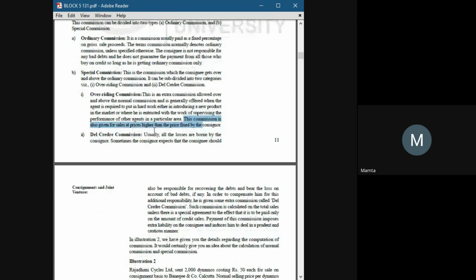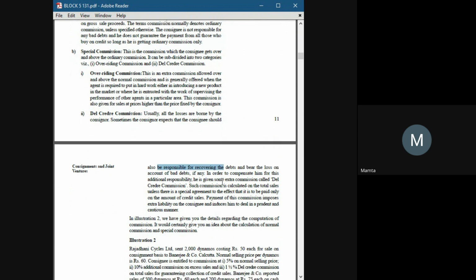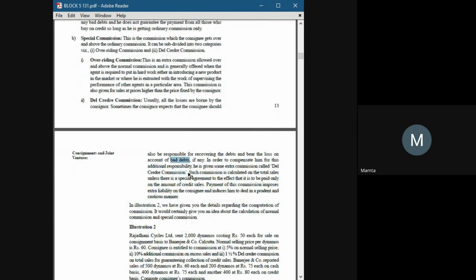Del credere commission. Usually, all the losses are borne by the consignor. Sometimes the consignor expects the consignee to also be responsible for recovering the debts and bearing the loss on account of bad debts, if any.